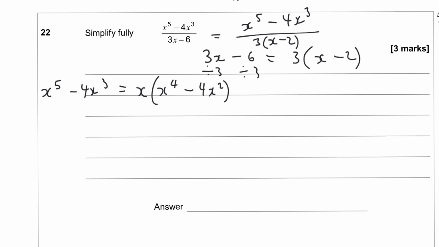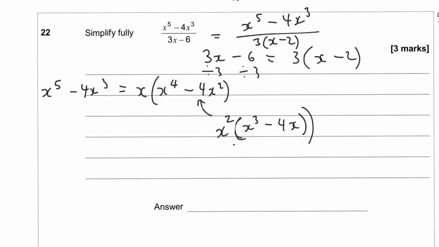So other than writing it out like this, we can also factorize that even further. So that would end up being x, and then again, x is a common factor between them. So x cubed minus 4x equals that, and then the two x's on the outside can multiply. So that leaves us with x squared.